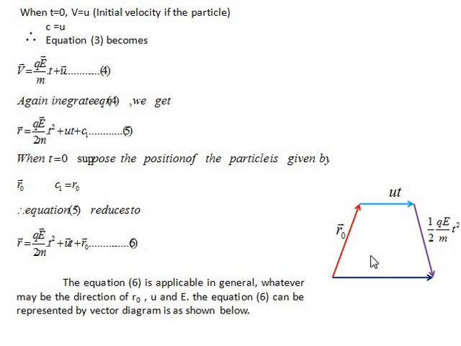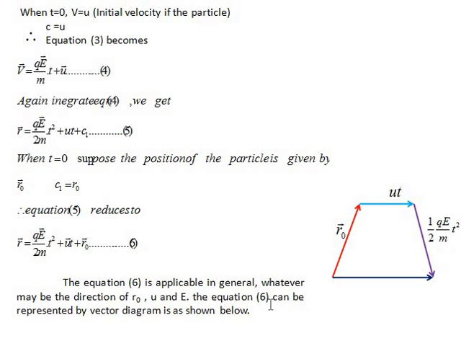Okay, equation 6 is applicable. This equation 6 is applicable in general, whatever may be the direction of r naught, u and E, that is initial position, initial velocity and electric field.